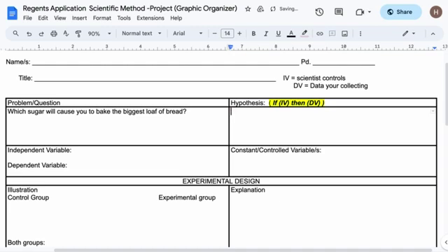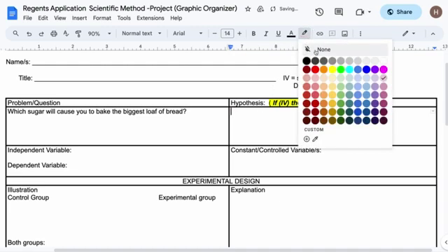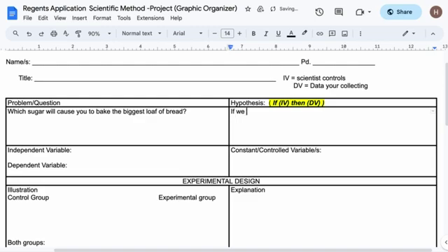If we add glucose, the bread size will be the biggest. You could have also said, if we add glucose, the bread size will increase. There are many ways to state this, obviously.